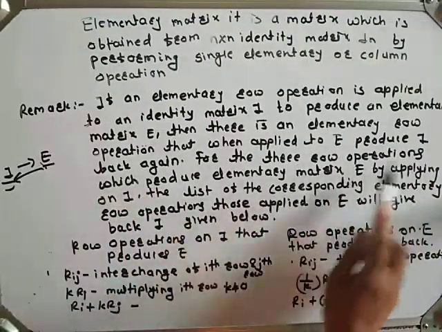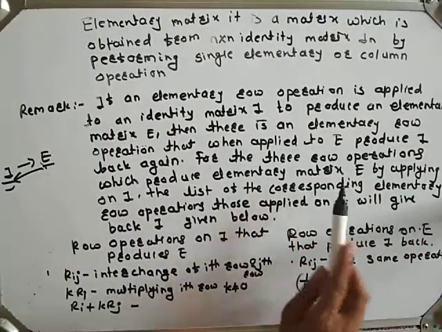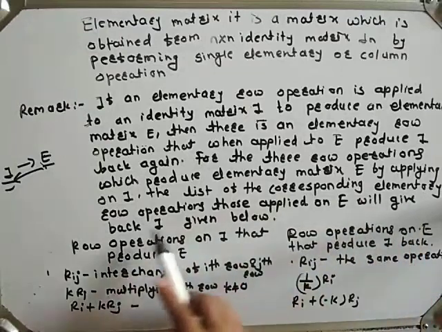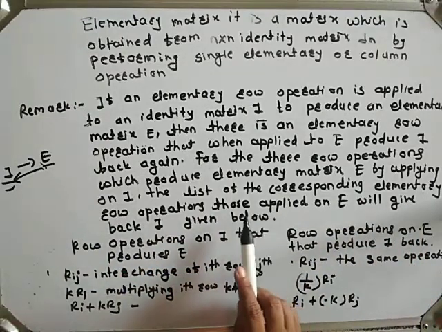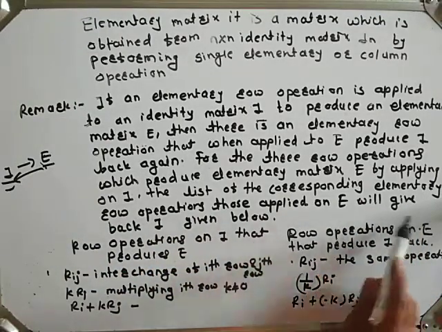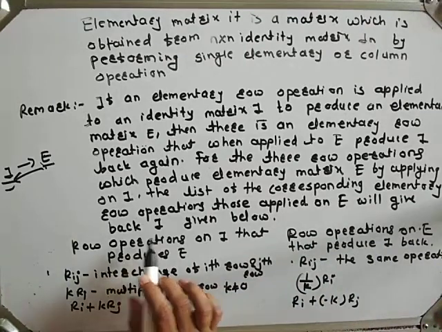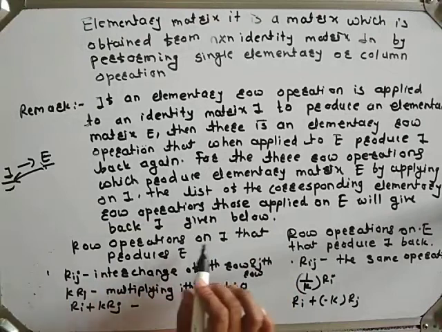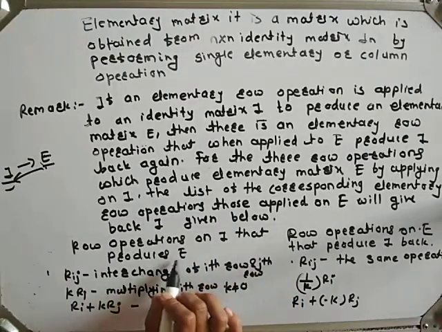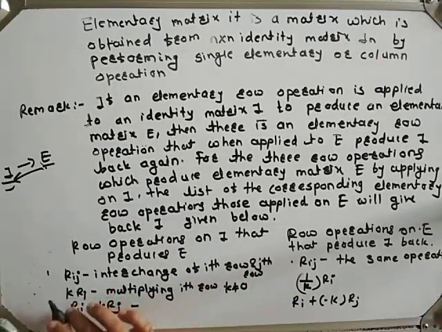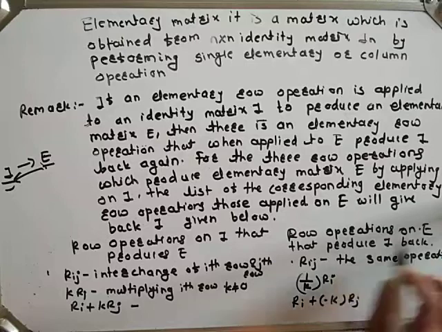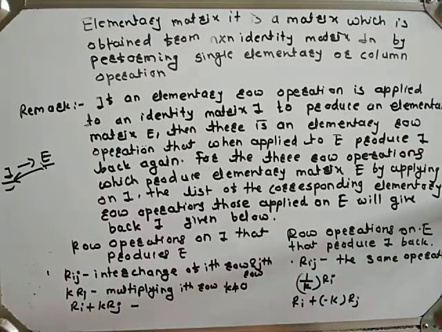For the three row operations which produce elementary matrix E by applying on I, the list of the corresponding elementary row operations applied on E will give back I. These are the row operations on I that produce E, and these are the row operations on E that produce I back.